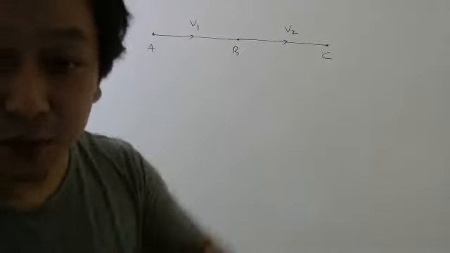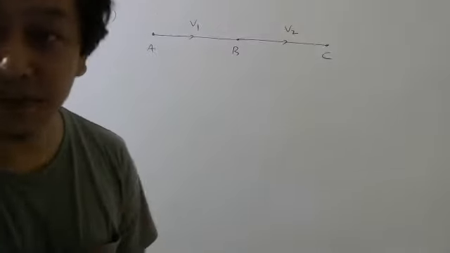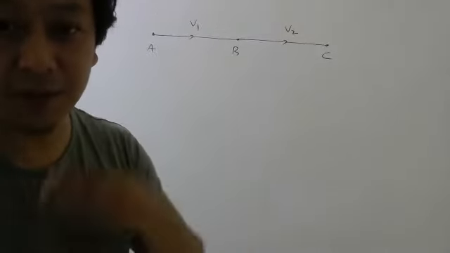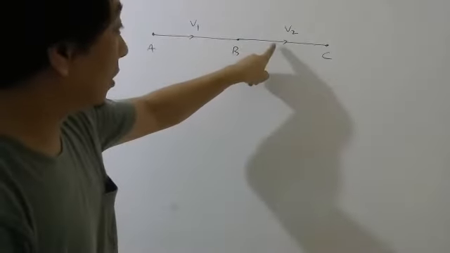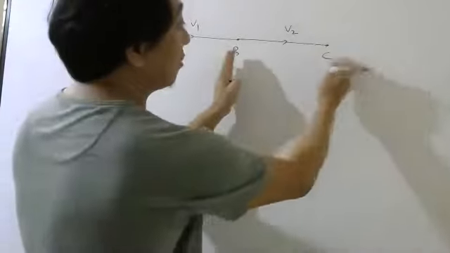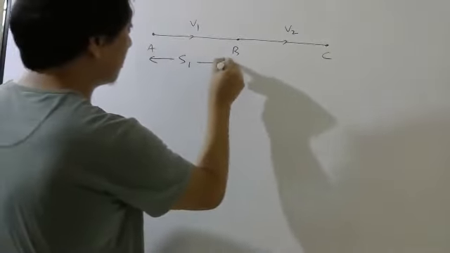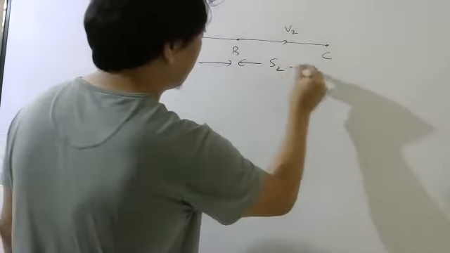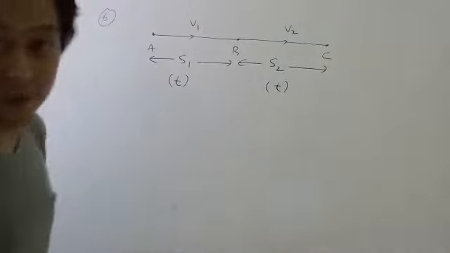Time is same. So can distance be same now? Distance cannot be same because times are same. If times are same, the person who runs faster will cover more distance. So if you are moving faster here, then this distance will be more, right? So you cannot write same distance. Time taken are same.